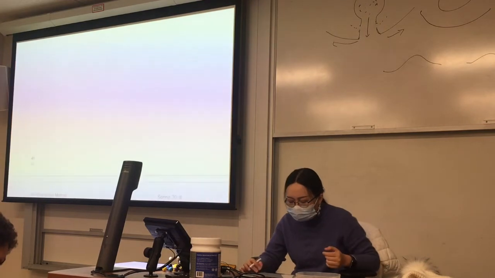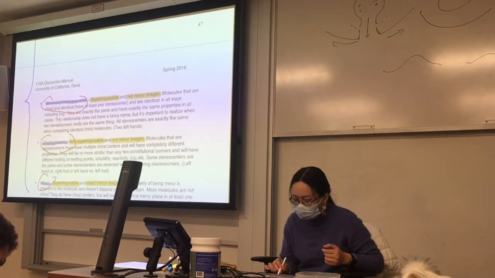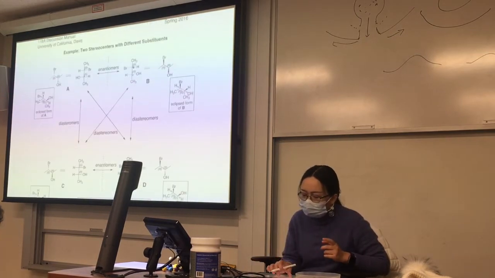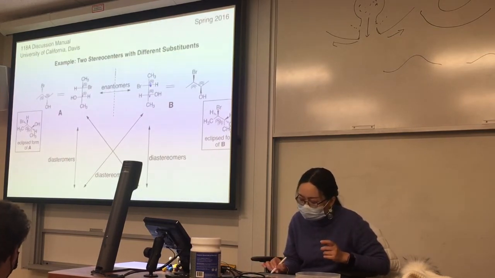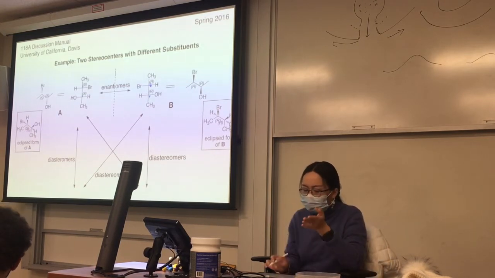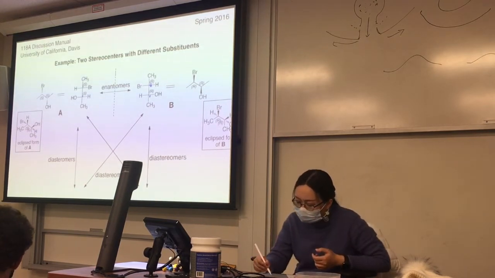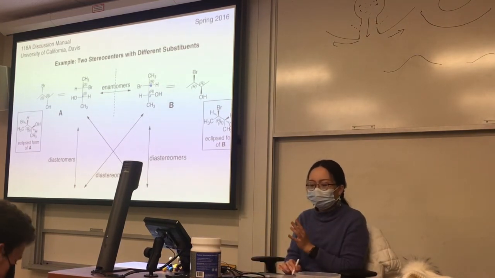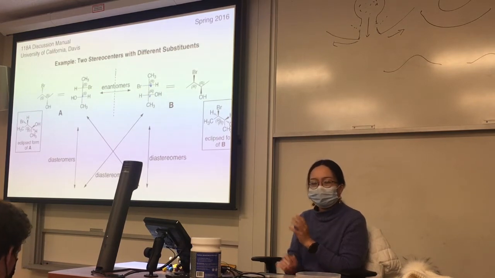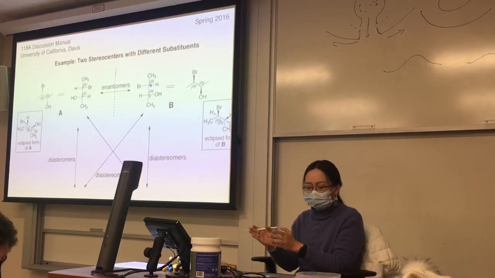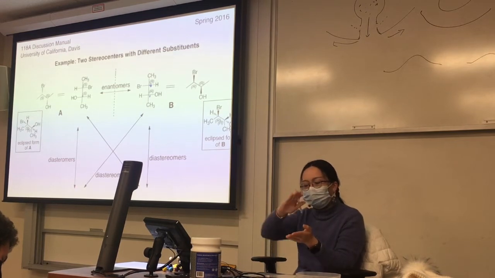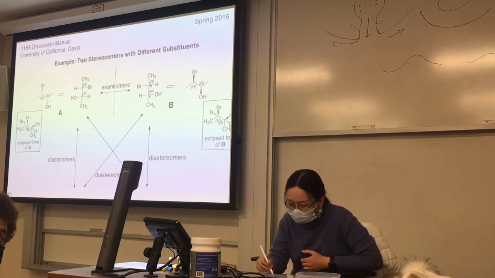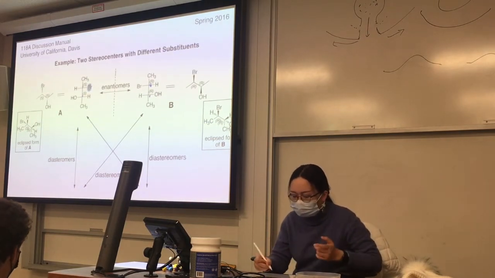So in the definition of enantiomers, they are non-superimposable mirror images. If these 2 are mirror images of each other, but if you copy and paste this part, B doesn't look the same as compound A. If you just take the opposite of compound A, it looks like B. Bromo was on the left, now it's on the right.